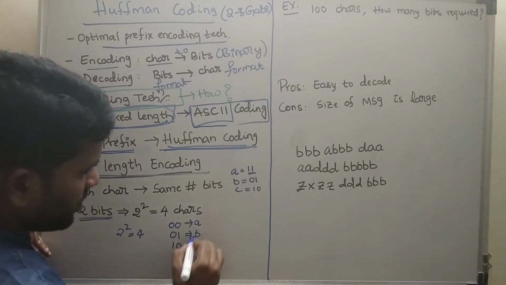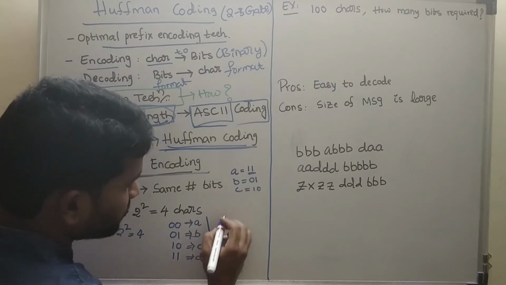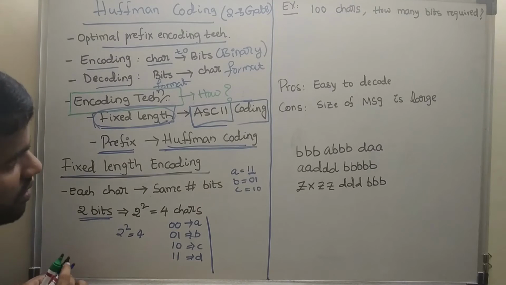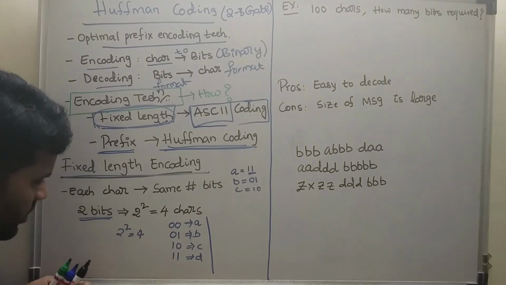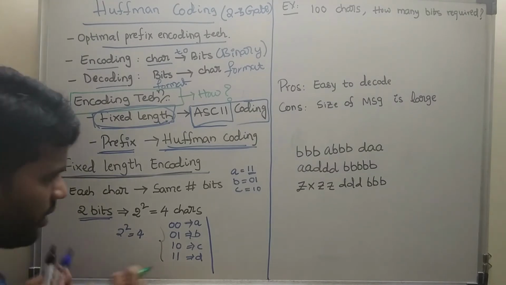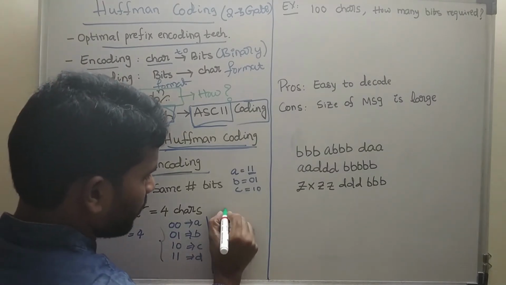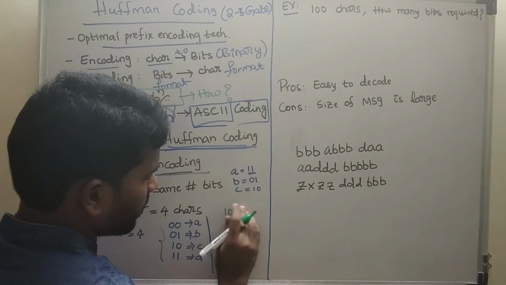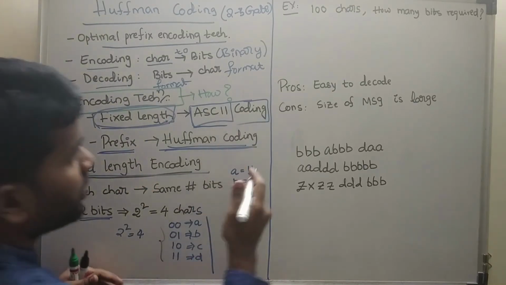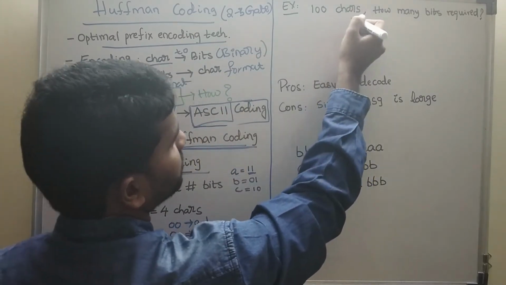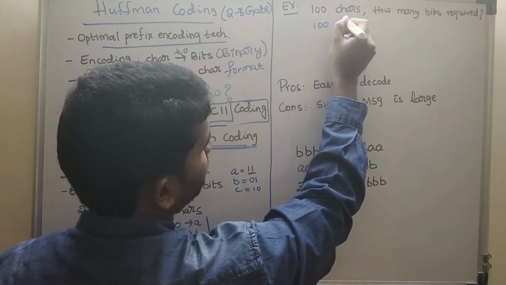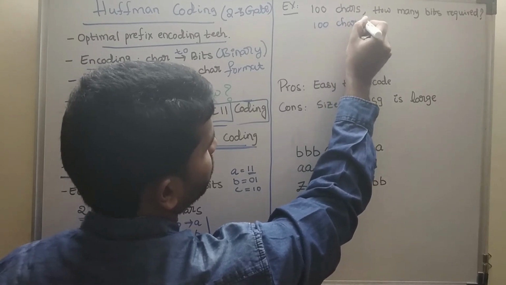If you want to represent 100 characters, you can form a formula, but first we'll see this example. You have 100 characters to represent.